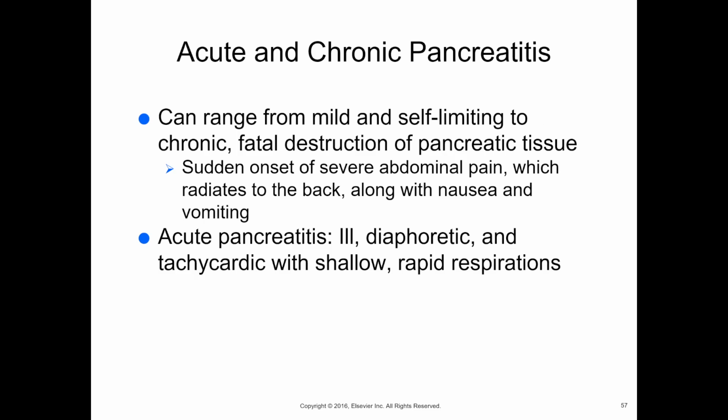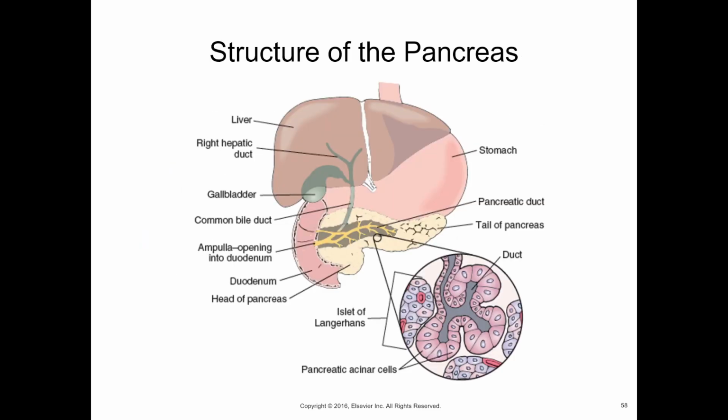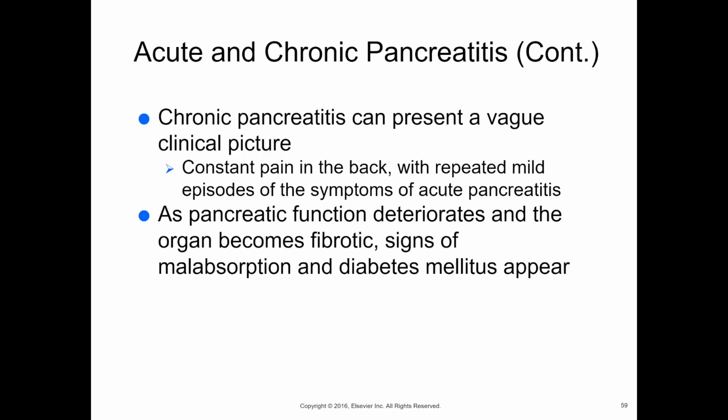Both acute and chronic pancreatitis can really be life-threatening. They can lead to changes in blood pressure, etc. Chronic pancreatitis is typically not as severe, and it's often very vague. A lot of people will have complaints of back pain.